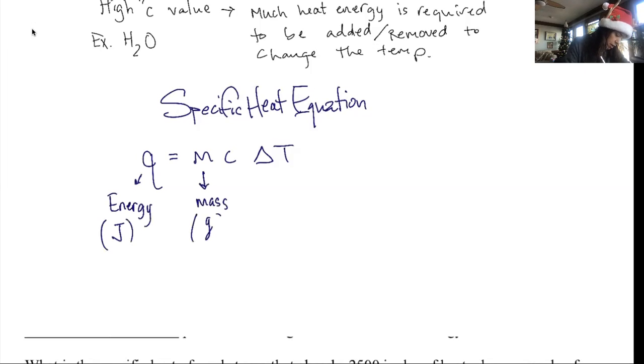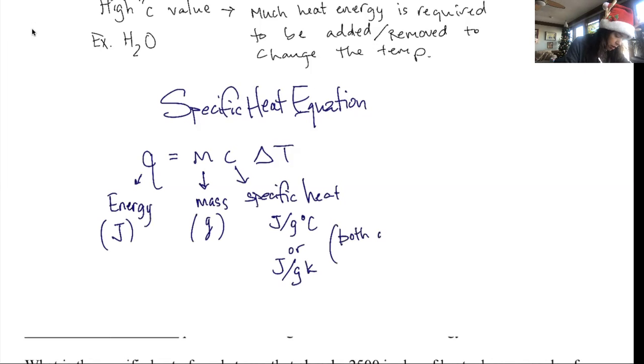The C stands for specific heat, and it can be measured in joules per gram degrees Celsius or joules per gram Kelvin. Both are interchangeable. We can talk about why the Celsius scale is the same as the Kelvin scale. It's just that the zero is at a different place.